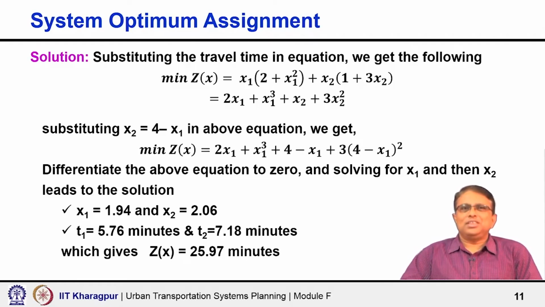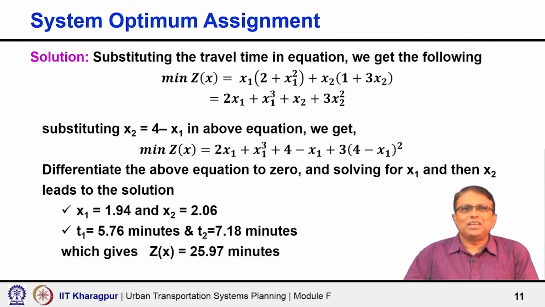But here you can see the x 1 is coming out to be 1.94, x 2 is 2.06, different, not the same. And not the same means not even similar to what you got there.